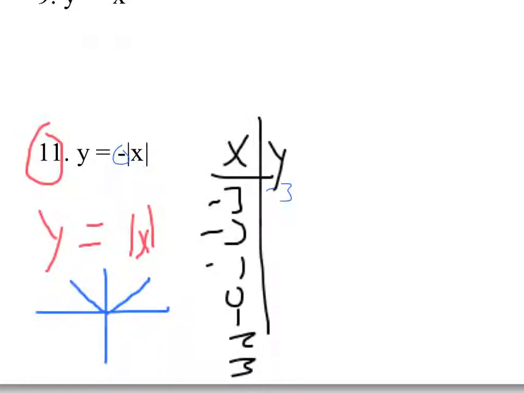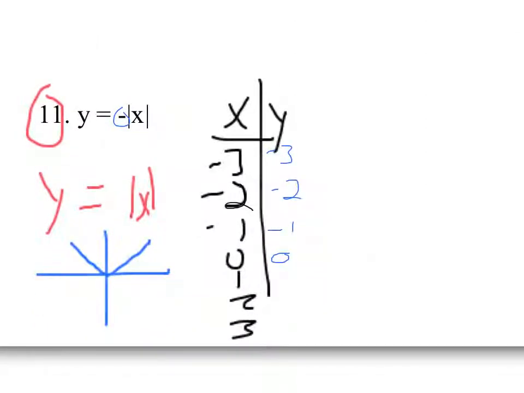If you plug in -2, absolute value of -2 is +2, but again the negative is sitting on the outside, so it makes it negative again. So -1 will stay negative. Plug in a 0, you get 0. Plug in a 1, absolute value of 1 is 1, but again we make it negative. And then -2 and -3.